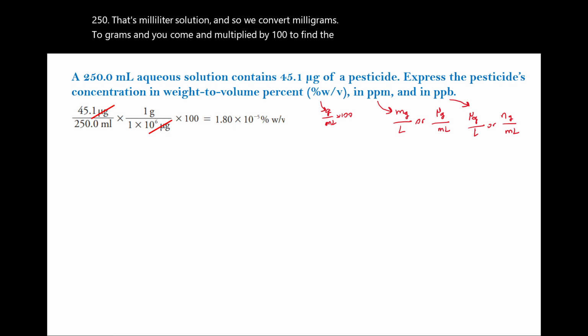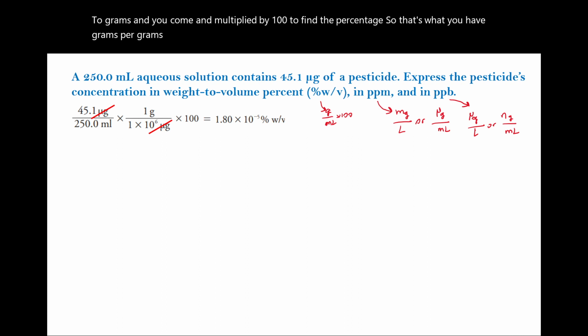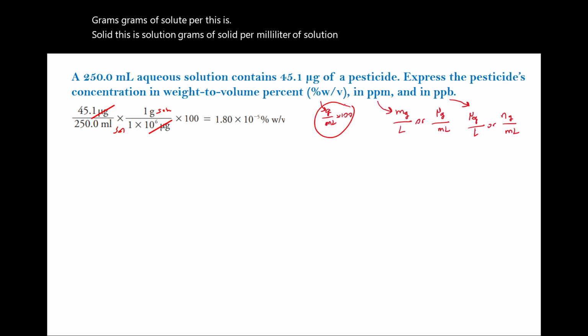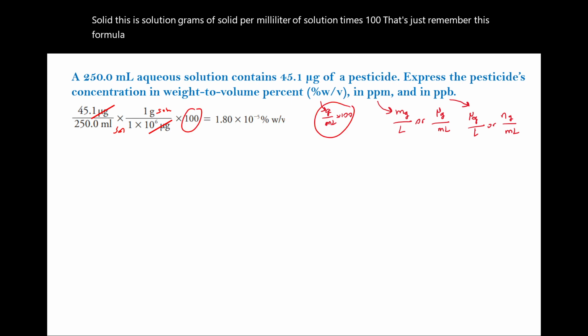So that's what you have, grams of solute per milliliter of solution, grams of solid per milliliter of solution times 100. Remember this formula, that's what we have here. And so you got 1.8 times 10 to the negative fifth percent, that's weight per volume.